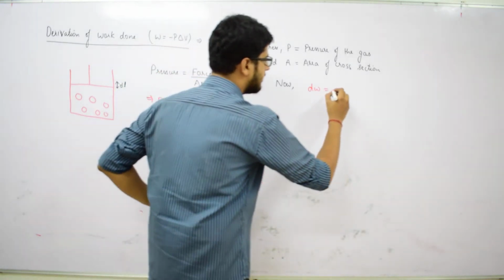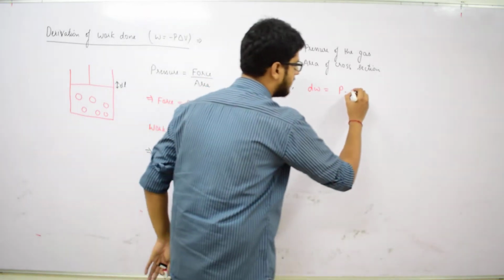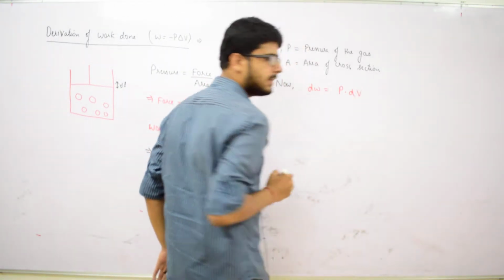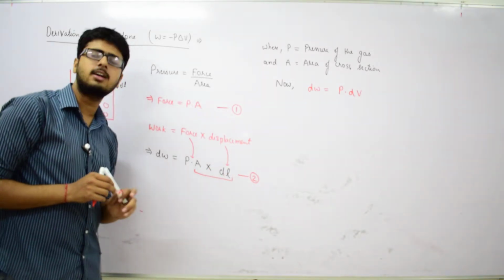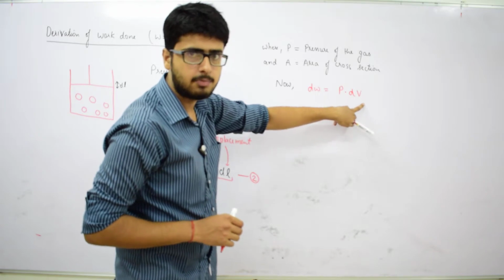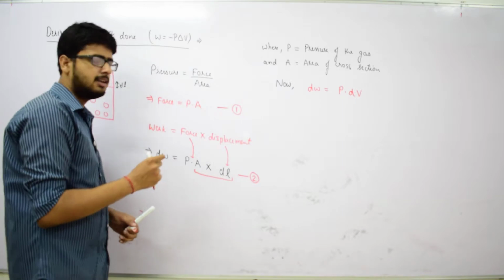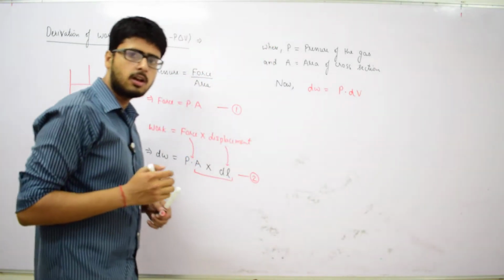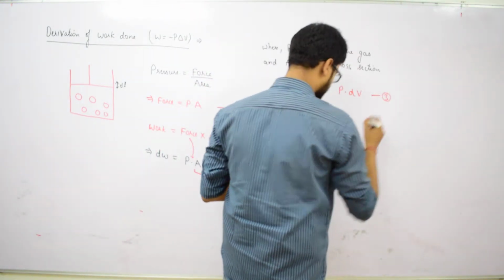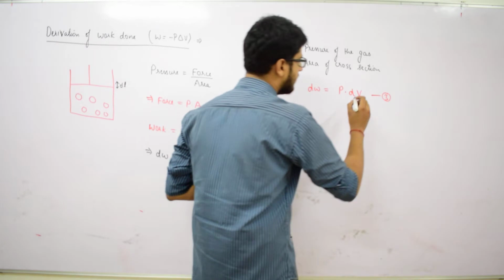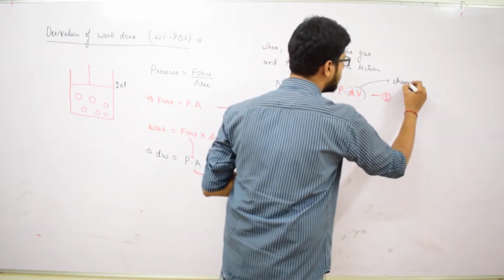So, we can write it will be equal to P multiplied by A, and it will give change in volume dV, because the product of area element and length element is always equal to volume element, and since here the length element is small, that is dl, the change in volume will also be small. So, this is our next expression, third, where dV is the change in volume, small change in volume.